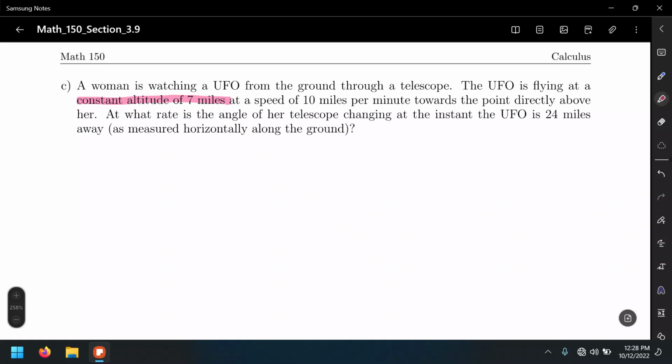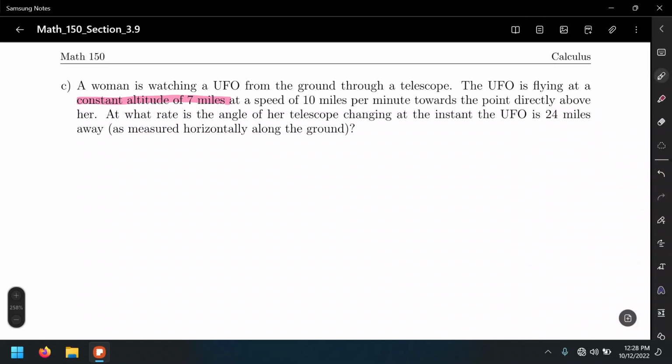At what rate is the angle of her telescope changing at the instant the UFO is flying 24 miles away from her? So that is as measured horizontally along the ground. Alright, let's draw a picture for this one.